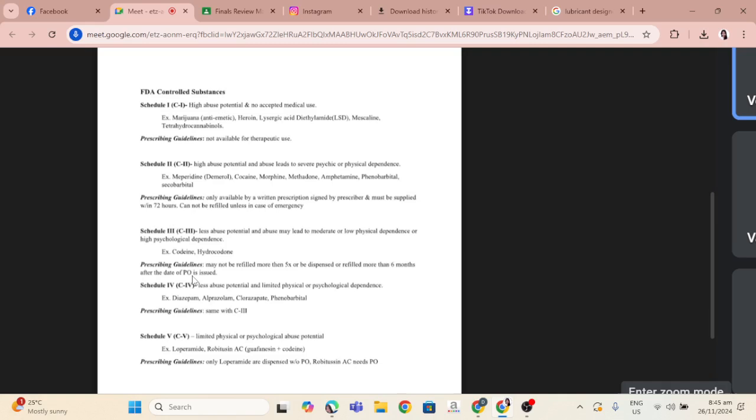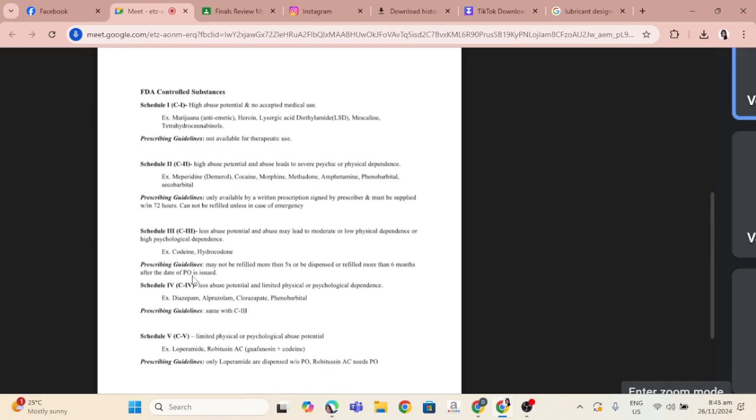However, for S2 medications or drugs, these are also medications that have high abuse potential, and abuse leads to severe psychic or physical dependence. So, under here, some examples are Demerol or Meperidine, cocaine, morphine, methadone, amphetamine, phenobarbital, and secobarbital.